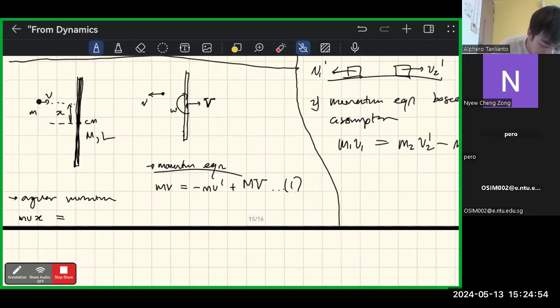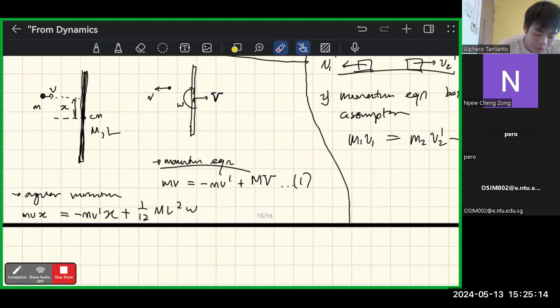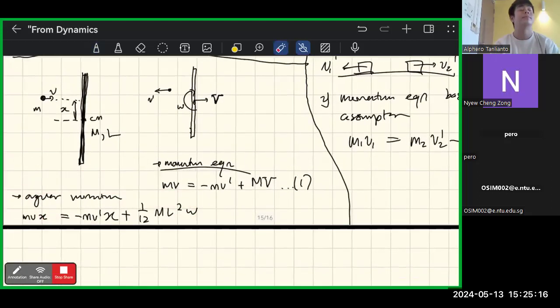So it's negative mv prime x added by the angular momentum of this rod, which is 1/12 of ml squared omega. So notice that for this angular momentum, I use this center of mass as the reference point.